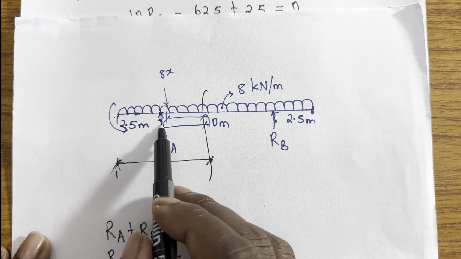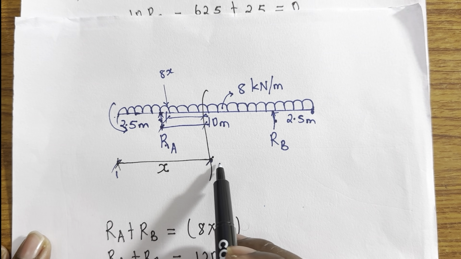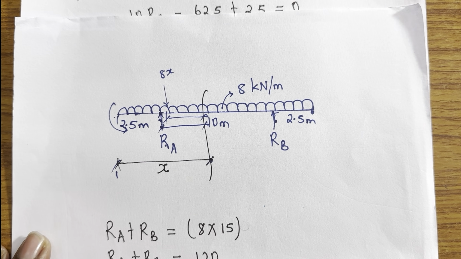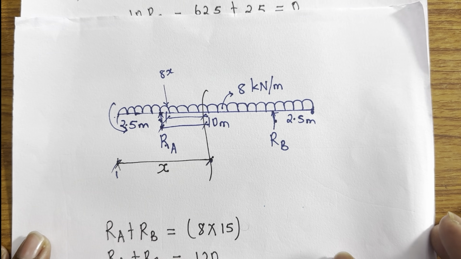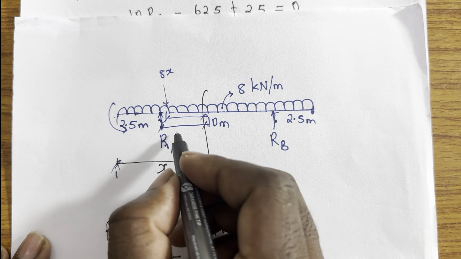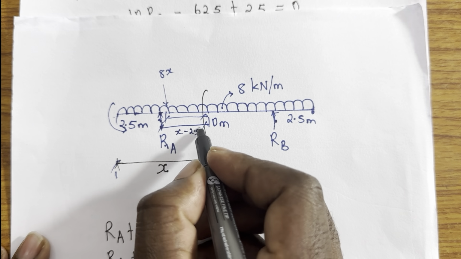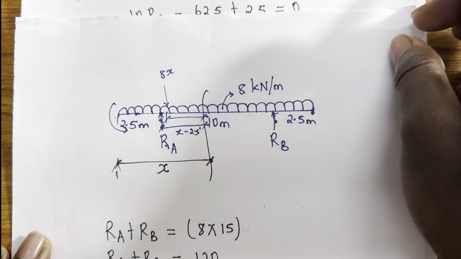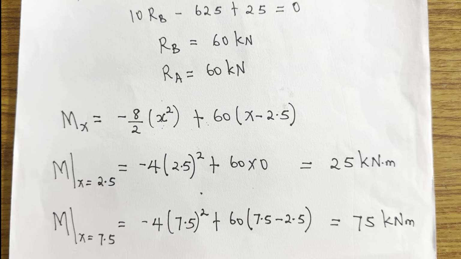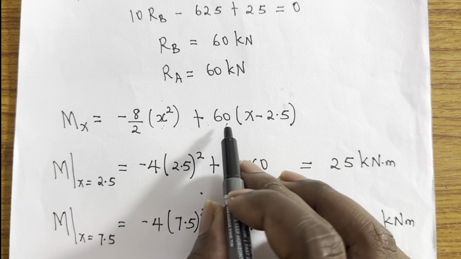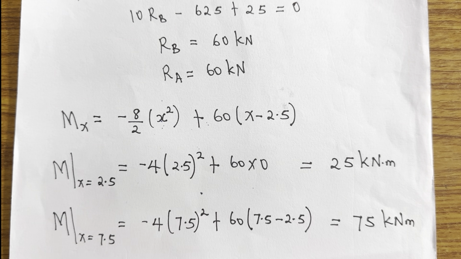So this space is total X minus 2.5. So that means that is going to be RA times this distance, X minus 2.5. I hope you have got it. That's why here is plus 60 into X minus 2.5.